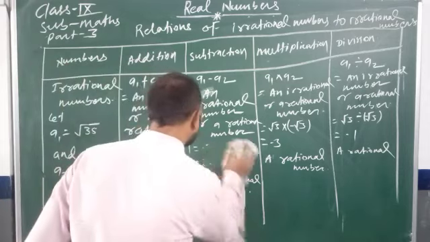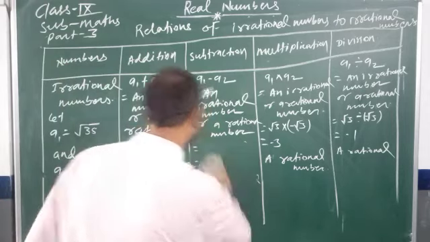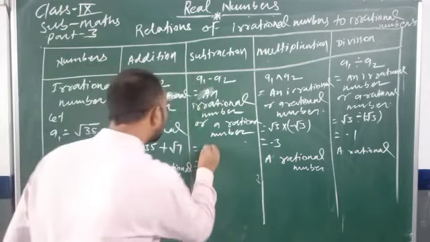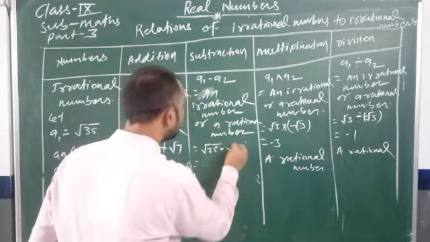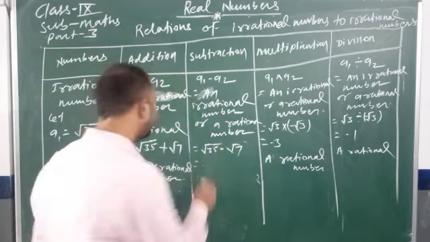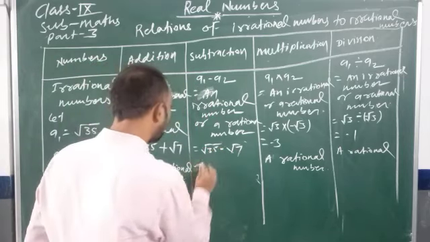Now we can change the value here: root 35 minus root 7. It is also an irrational number.